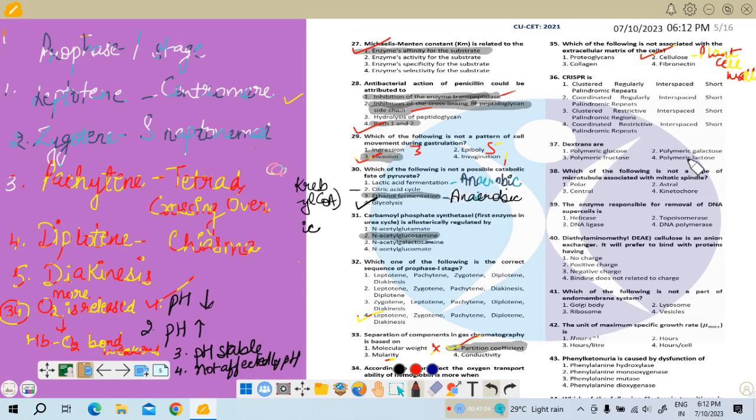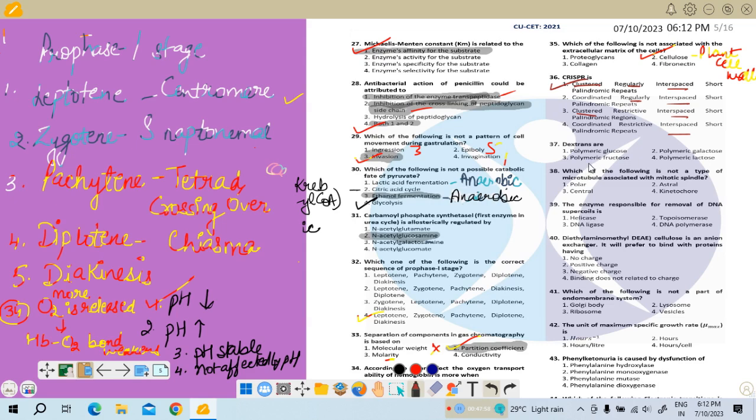Then CRISPR. The full form is clustered, regularly interspaced, short palindromic repeats. 37, dextrans are polymeric glucose, polymeric fructose, polymeric galactose, polymeric lactose.